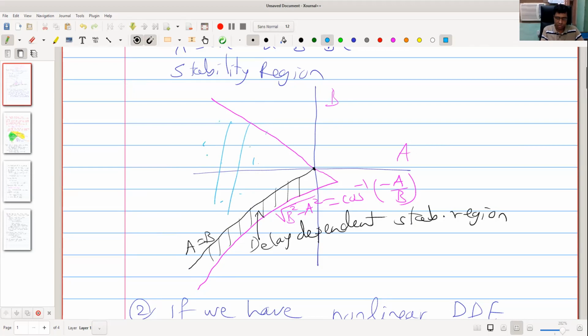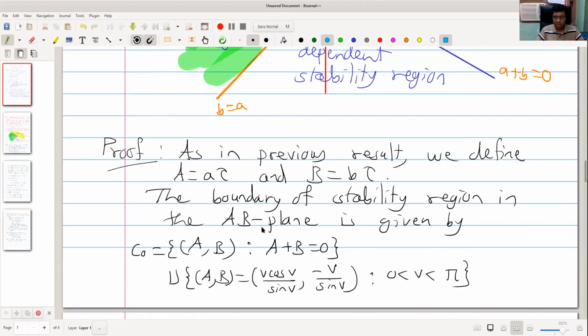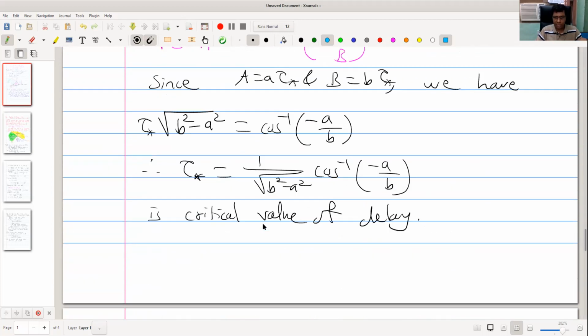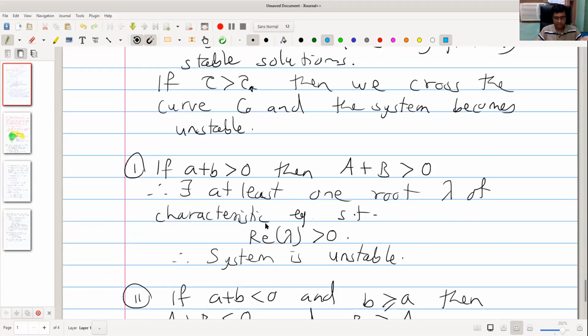So this is delay independent stability. Here we have capital A plus capital B less than 0 and capital B greater than or equal to capital A. So what is this region? This is the stable region, as we already proved in the previous theorem. So the proof of this theorem is based on the previous theorem.